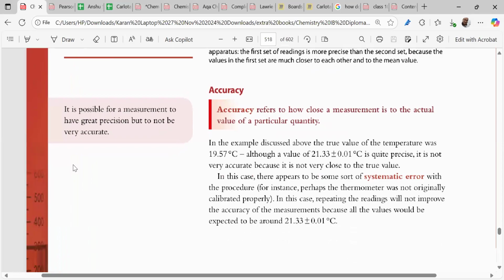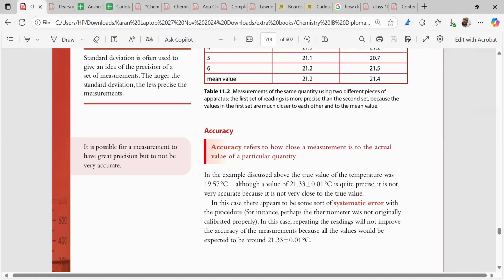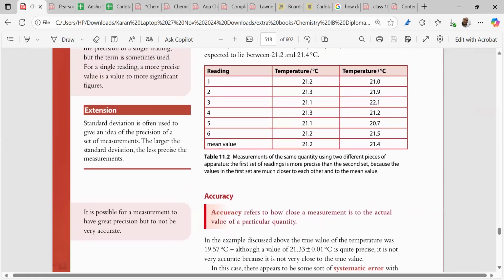Now, what is accuracy? Accuracy refers to how close a measurement is to the actual value of a particular quantity. Suppose we are taking these readings. This is very precise.